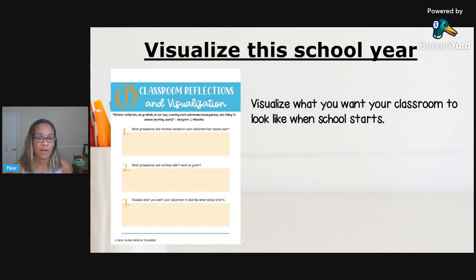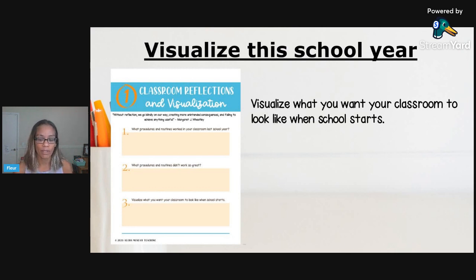And then the third part is to visualize what you want your classroom to look like when school starts. I visualize the kids walking into the classroom and greeting me at the door. Some kids never do, but a lot of them do. They say good morning or hi.